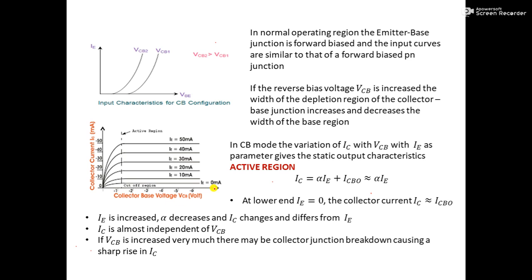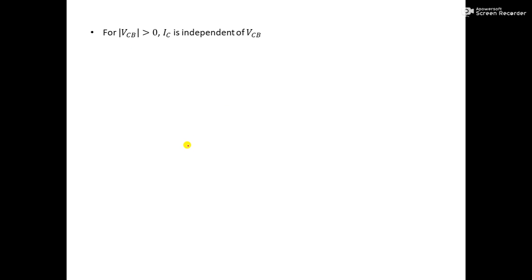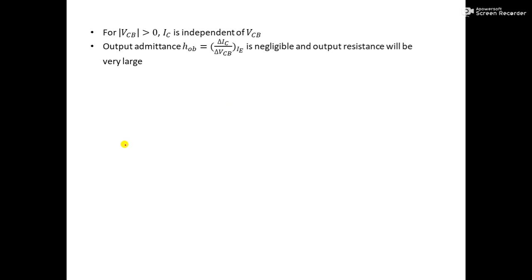As we increase the value of VCB, the collector current is independent of VCB, that is, the line becomes horizontal. Thus we can say the output admittance HOB, which is equal to delta IC by delta VCB, is negligible, and the output resistance will be very large for the common base configuration of the transistor. And we have seen in the previous case, the common emitter connection, that the output admittance is of moderate value.